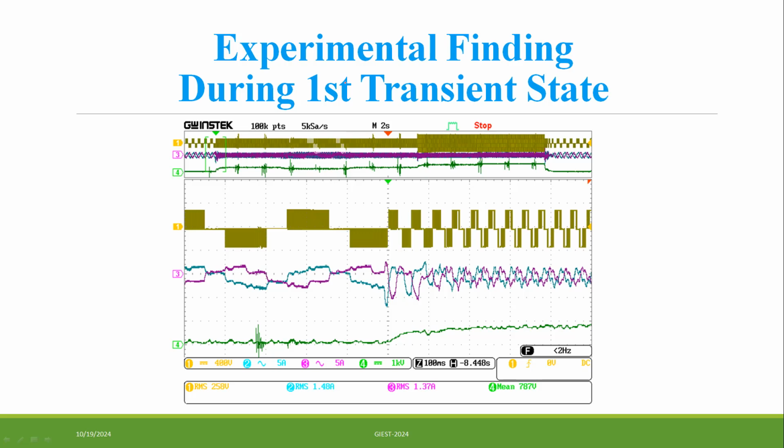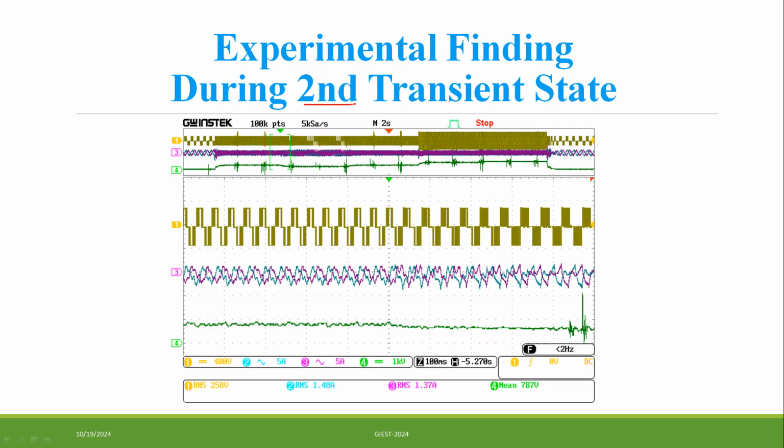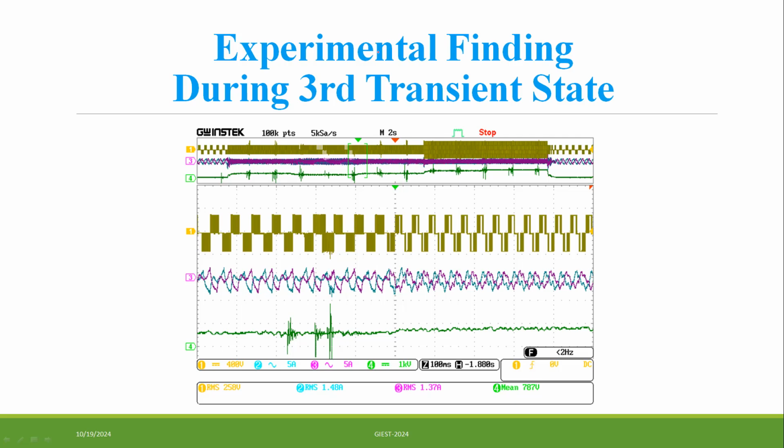Experimental finding during the transient states. During the first transient state, line voltage is 3 level, first, second and third. During the second transient state, line voltage is still 3 level. During the third transient state, line voltage is still 3 level.